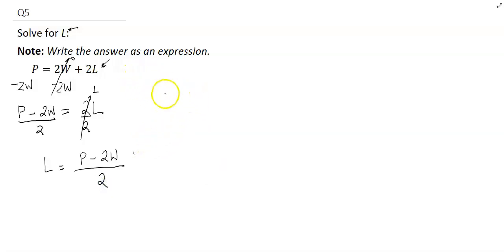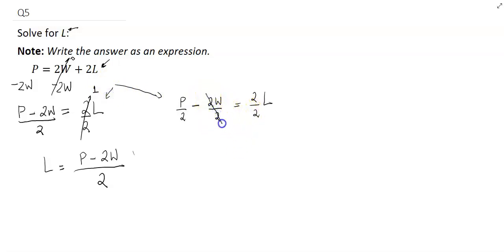Or from here, when you divide by 2, if you decided to do P over 2 minus 2W over 2. So I'm starting over, but then instead of coming this way, I'm coming from here to here, or here to here, okay?